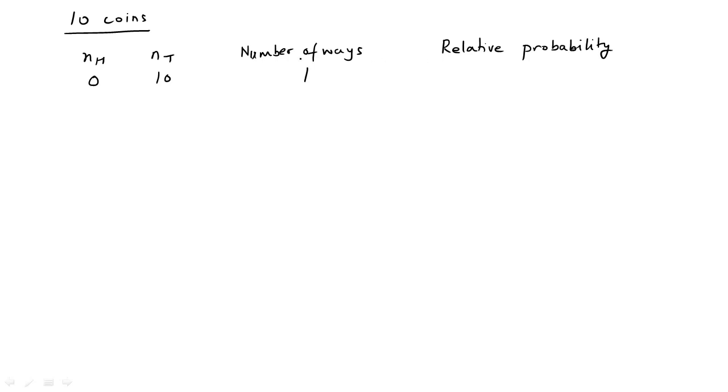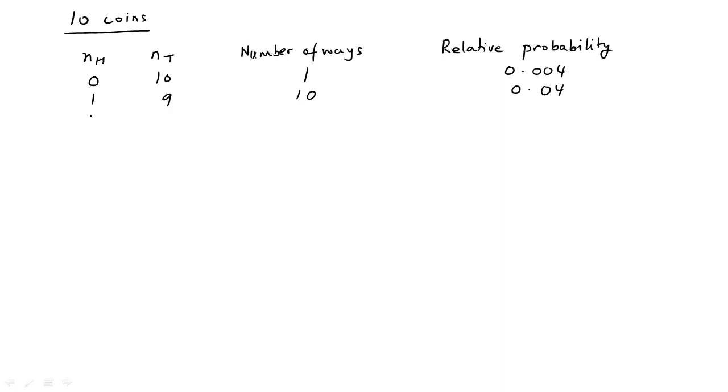Then the relative probability of this distribution comes out to be 0.004. Another distribution is when there's 1 head and 9 tails, and there are 10 ways of obtaining this; the relative probability comes out to be 0.04.